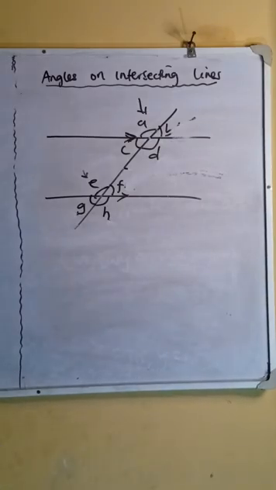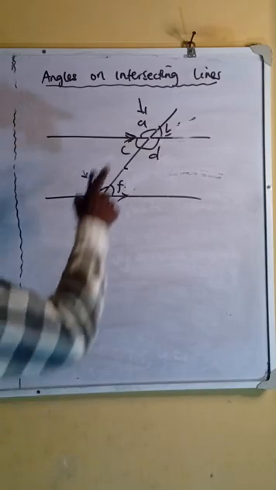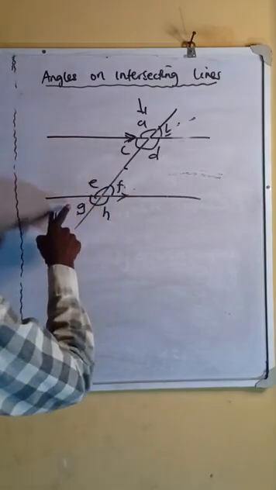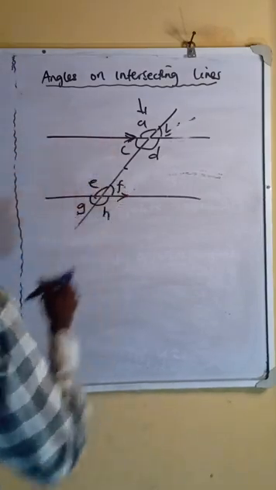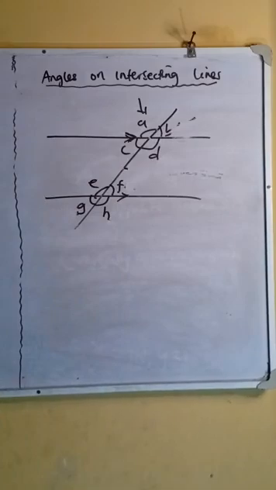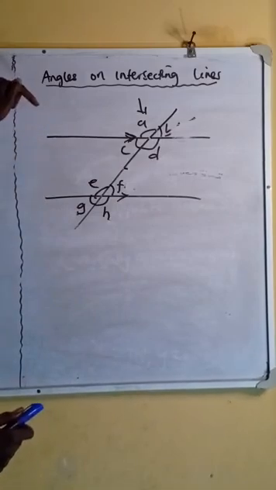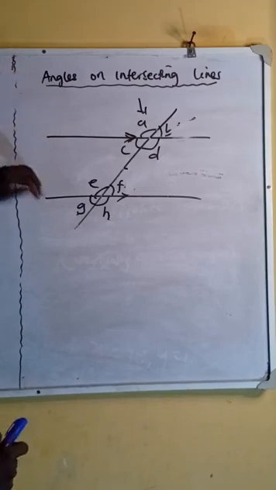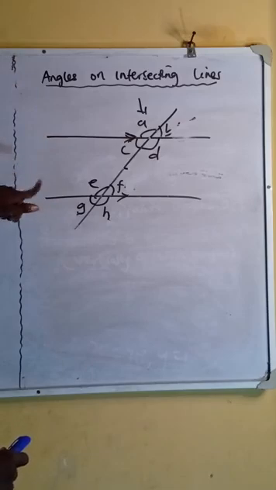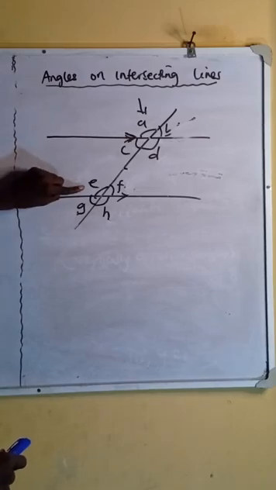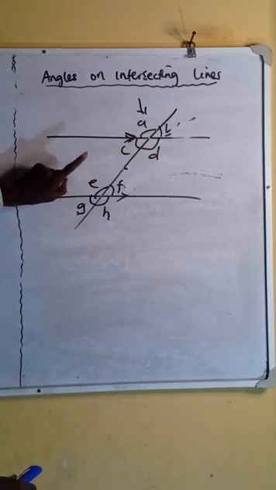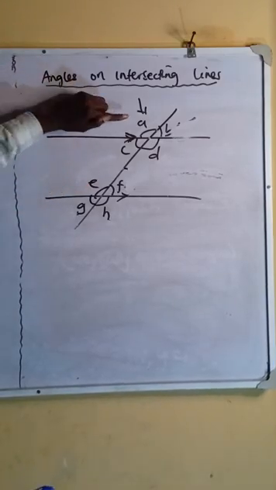So what next? The next is, if you look at the lines, since they are parallel, there are angles that are called corresponding angles. When you look at the lines, you identify the position of the angle in one line and compare it to the same position in the other line.